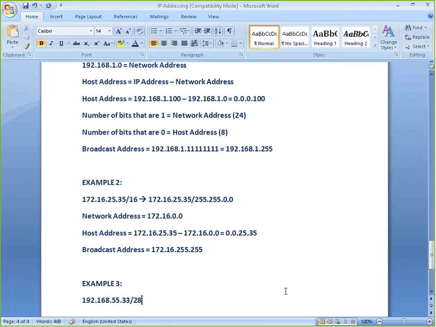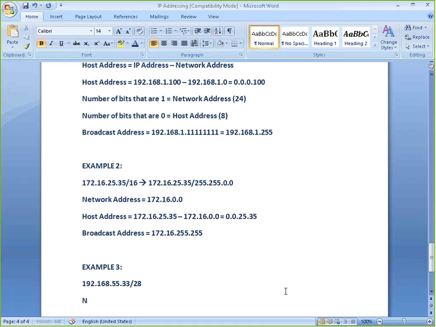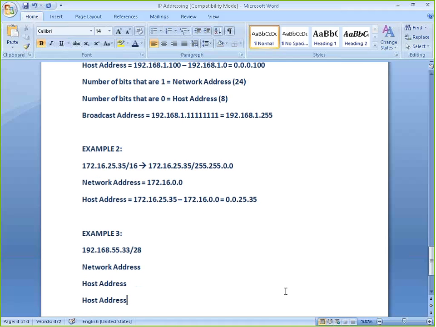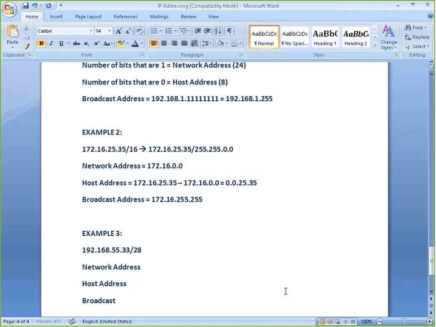For this particular example, you're supposed to tell me the network address, the host address, and the broadcast address. Calculate it and give me the response. Give it a try.